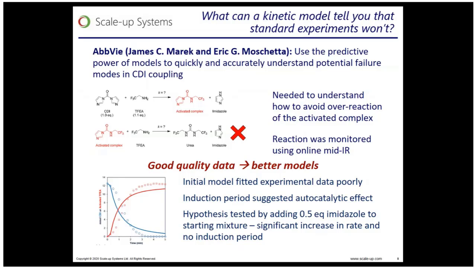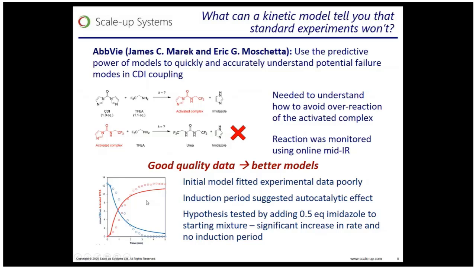So in this case, they ran an initial experiment and monitored the depletion of starting materials and the formation of products by IR, and the red and blue dots here indicate the experimental data. Then they built a model based on this two-step mechanism and tried to fit the experimental data.